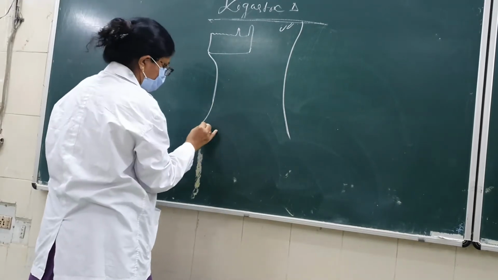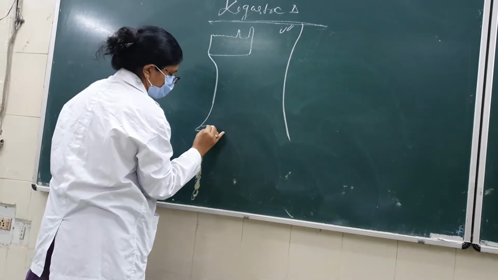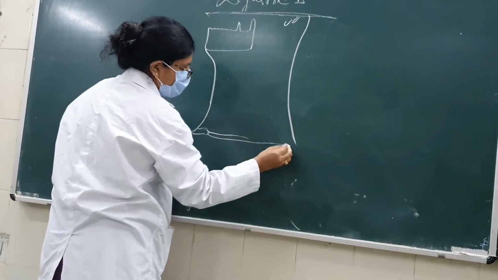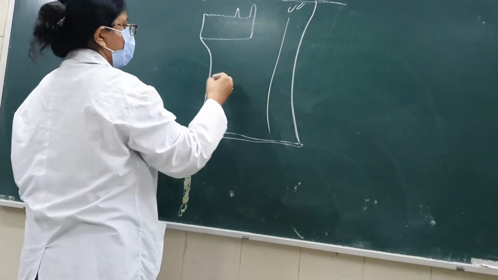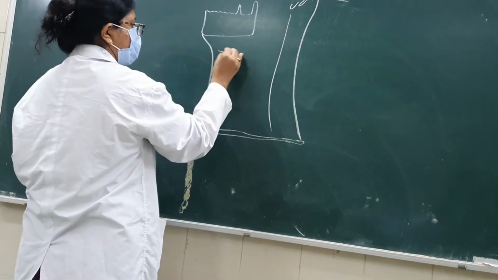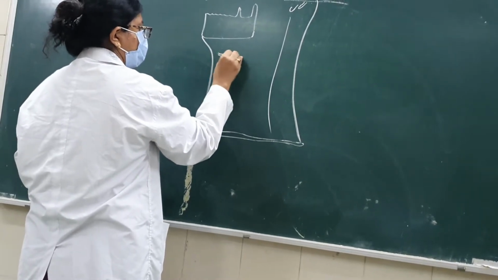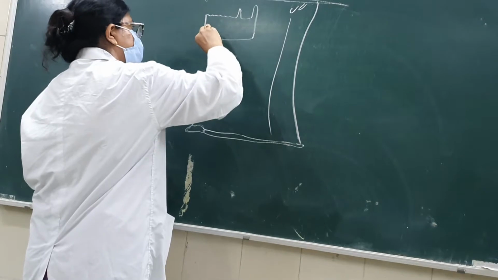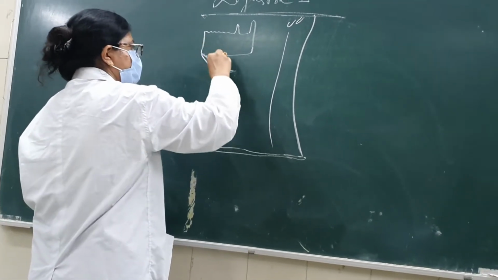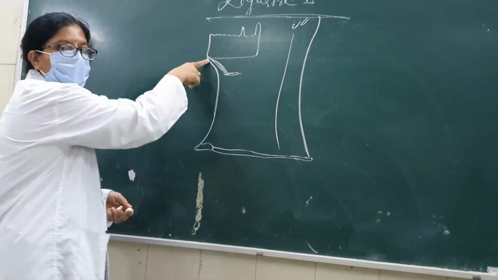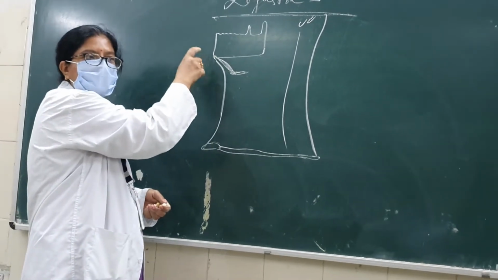This is the neck, this is the mandible, and this is the clavicle. Now this is the backbone. Okay, so this is the anterior belly of digastric. From the base of the mandible we have a digastric fossa.